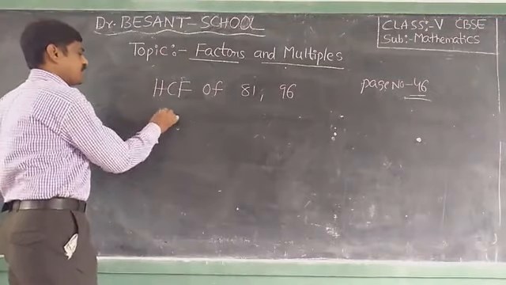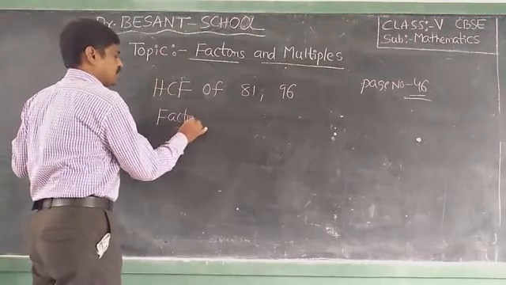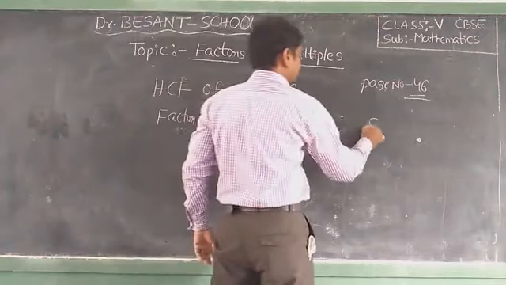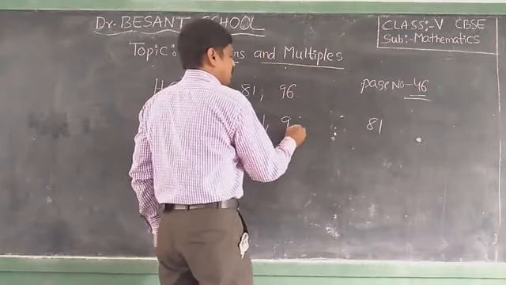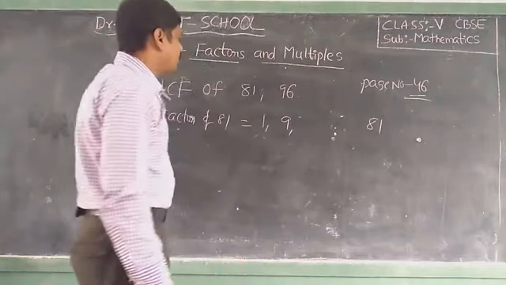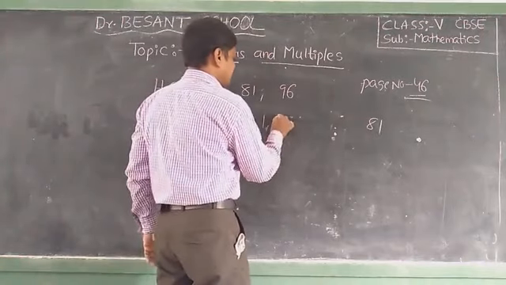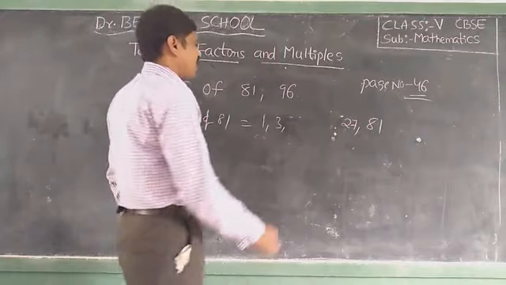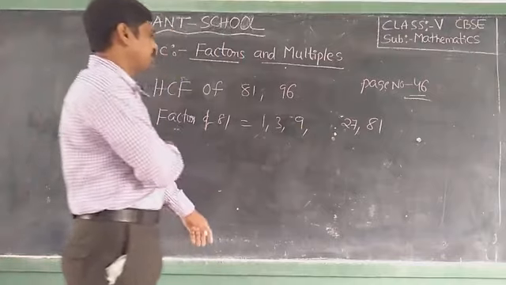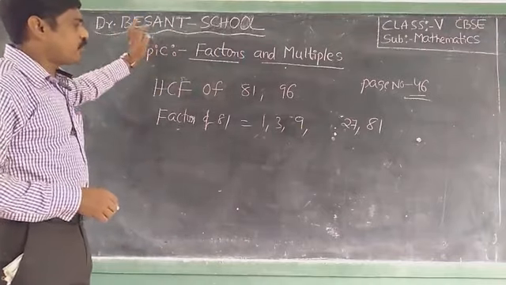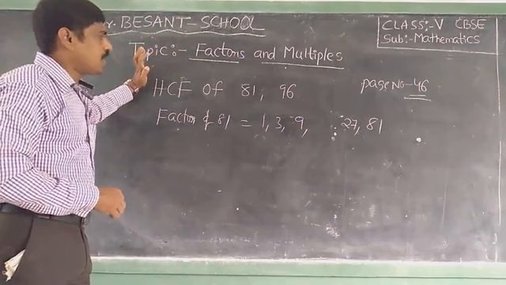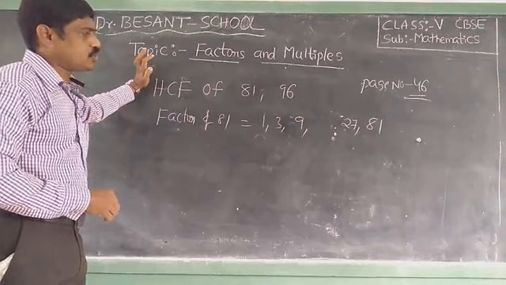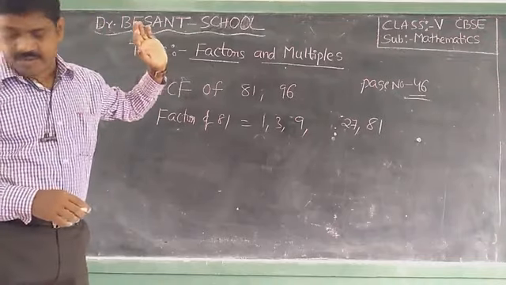So factors of 81. 1 eighty-one, 3 twenty-sevens, 9 nines. It is not divisible by 4, 5, 6, 7, or 8. Divisible by 9. So 1, 3, 9, 27 and 81.